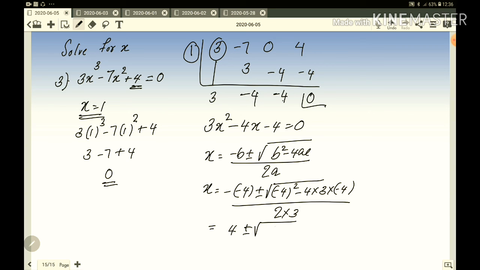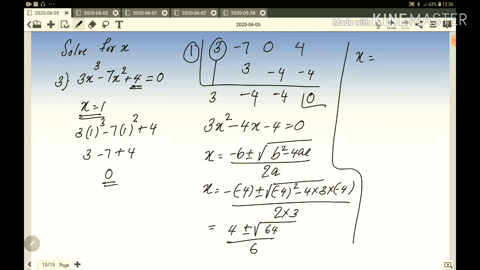Just type it in the calculator, it will give you 64, divided by 6. Clear? We are looking for two more x values. Already we got one x value, that is 1. The other two are inside this quadratic equation that we are solving using the quadratic formula.